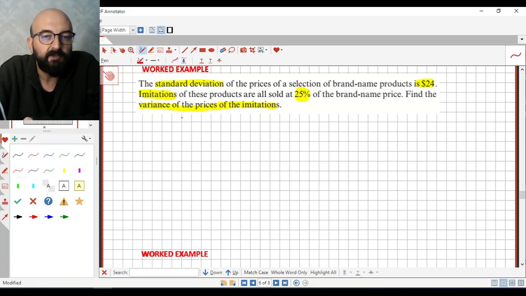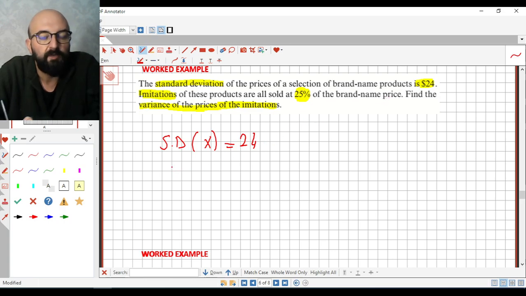Okay, the standard deviation of the real prices, we can say x, is $24. But the imitations are sold at 25% of the brand name price.